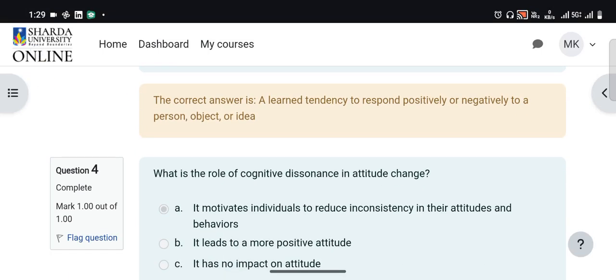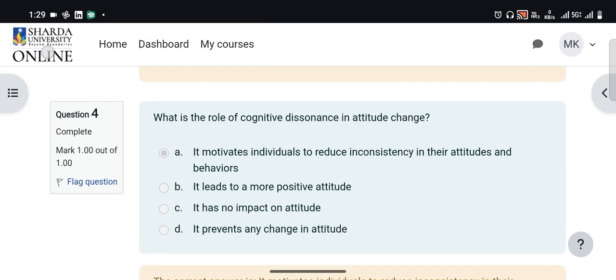Question number 4. What is the role of cognitive dissonance in attitude change? Option A, it motivates individuals to reduce inconsistency in their attitudes and behaviors. Option B, it may lead to more positive attitudes.